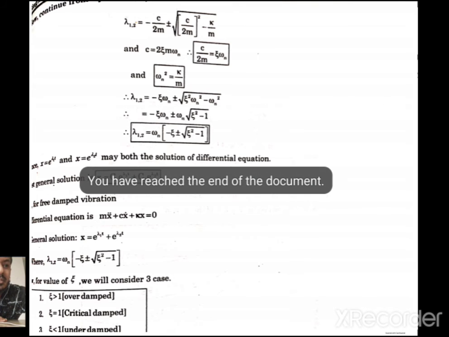In the next lecture we will see these three theories, overdamped, critical damped and underdamped, and then we will solve examples based on free damped vibration. If you have any doubt, please write in the comment box so we can discuss it there.